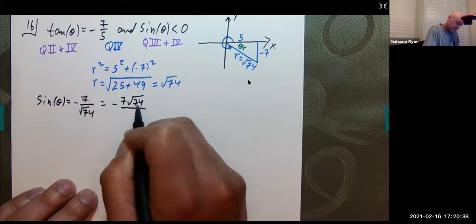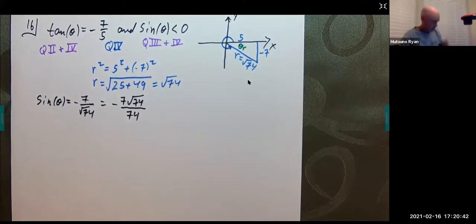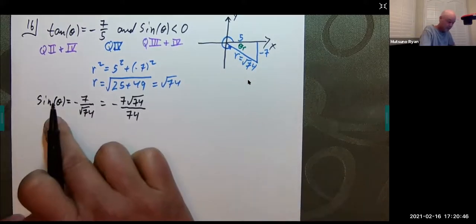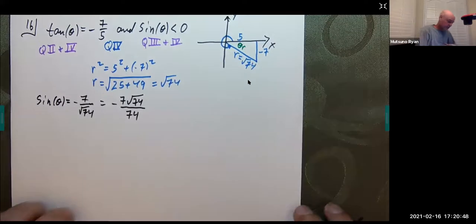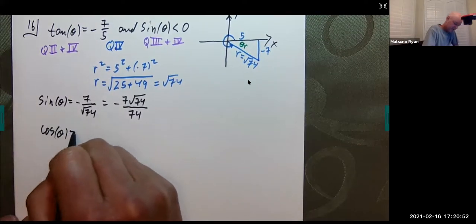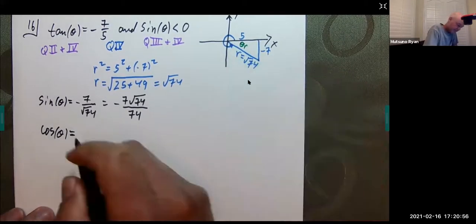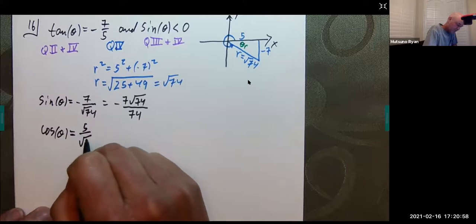And I want to be clear, well, I've said it over and over again, sine is negative in quadrant 4. Cosine of theta is going to be the adjacent, that's 5 over root 74.